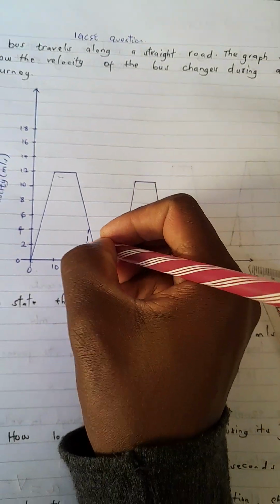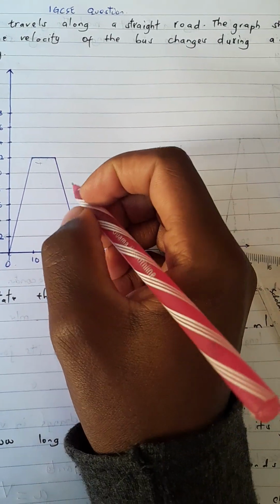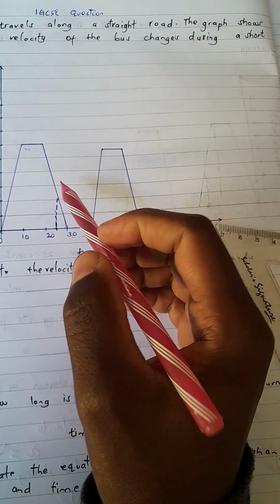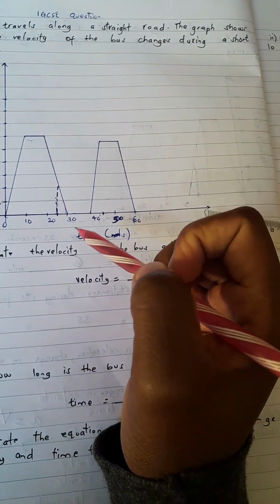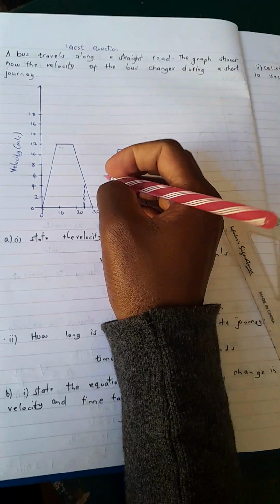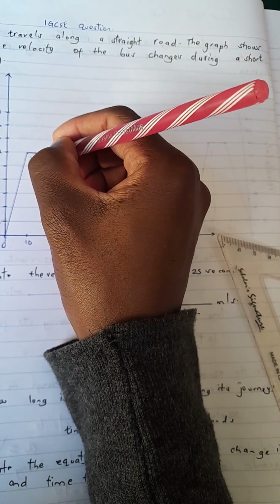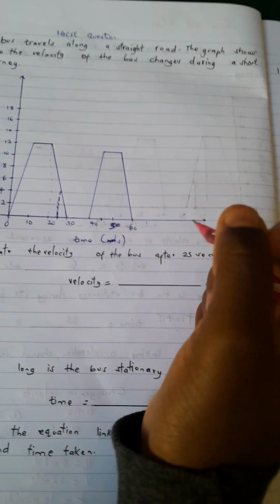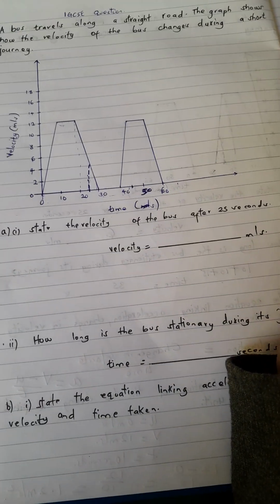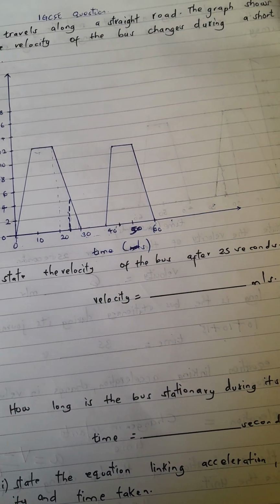This is a small triangle. I can also drop another point here from this region. We have so many methods that we can use to work this.